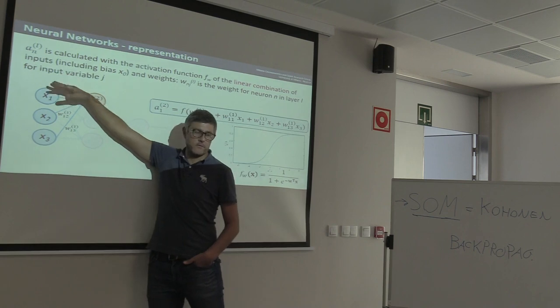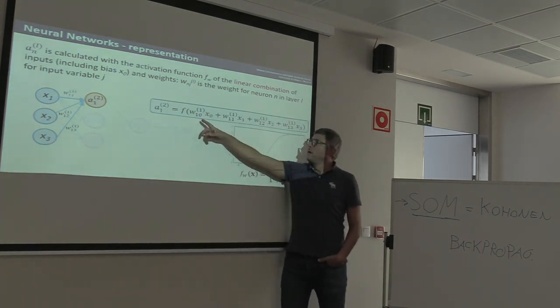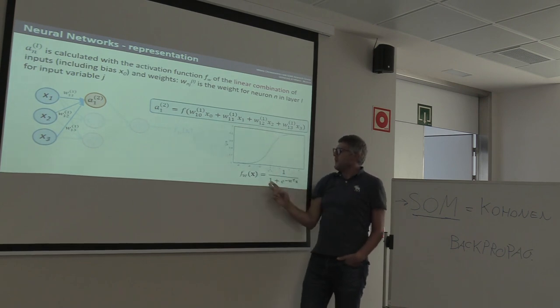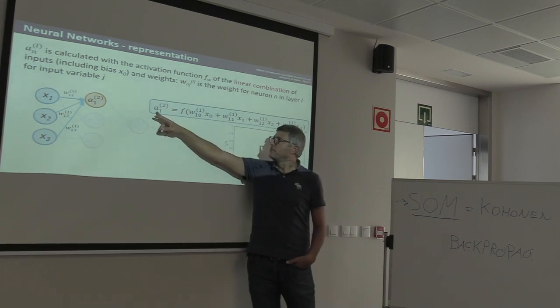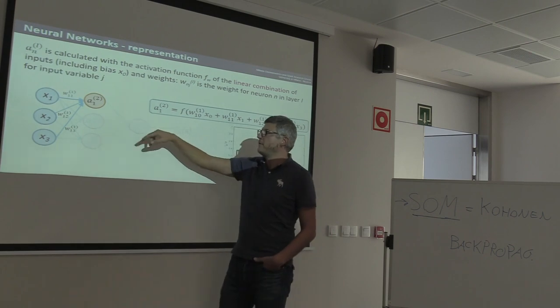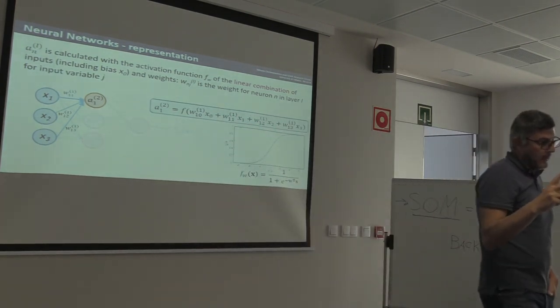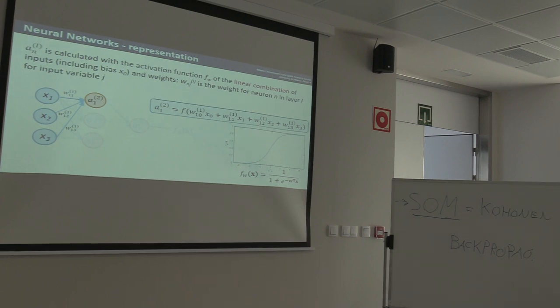I didn't put it here, just not to have too many circles. With this linear combination and this transformation, you get this activation. This is the activation function for the first neuron in the second layer, which is the hidden layer.